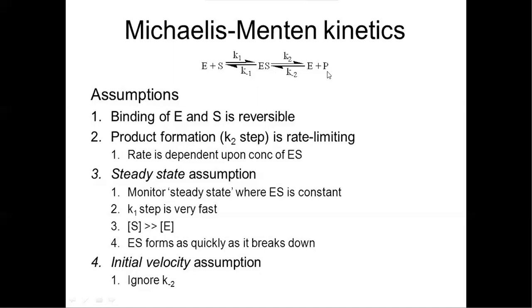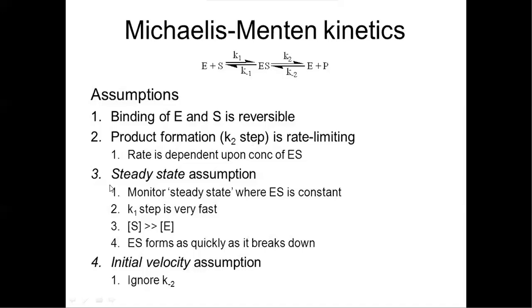These products cannot convert back into the ES complex, so we ignore the K minus 2 reaction. So the K2 step is rate limiting, which means it depends upon only one concentration, that is ES, the enzyme substrate complex. This is the second assumption.